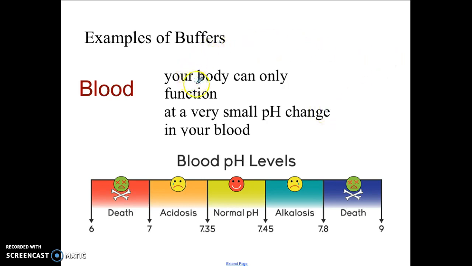And the big one that you should be aware about is that there is a buffer system in your blood. It's actually our carbonic acid bicarbonate buffer. And your blood can only function at a very narrow pH range, as you can see here, from 7.35 to 7.45.